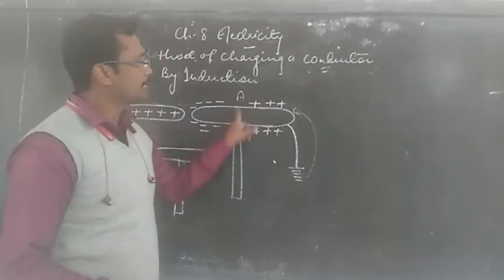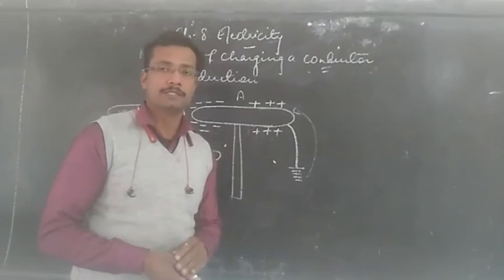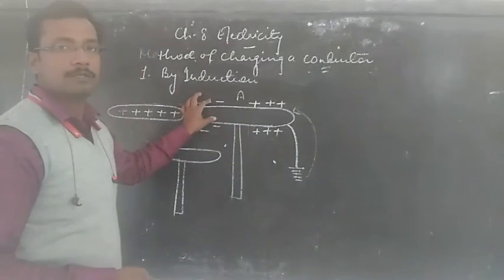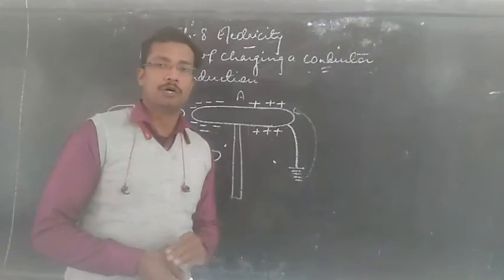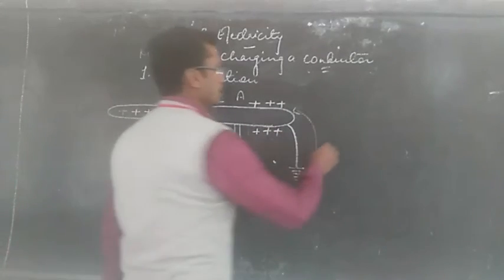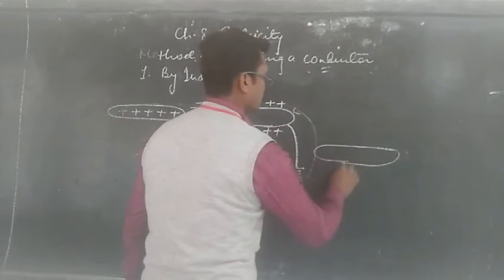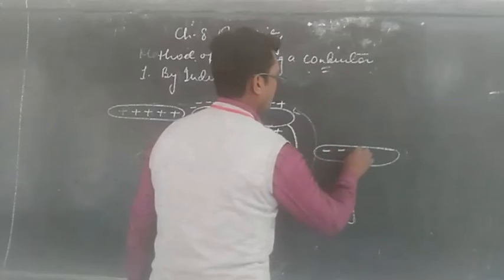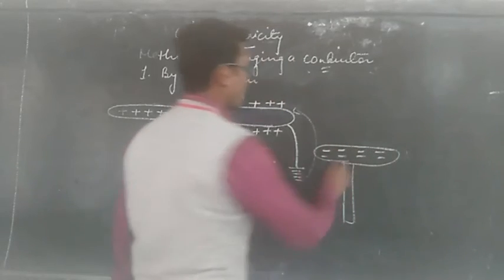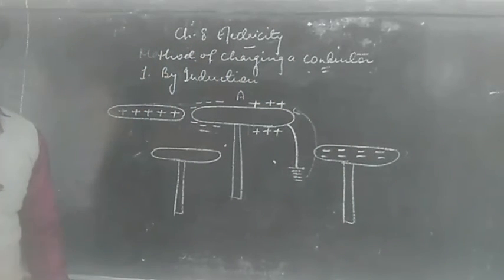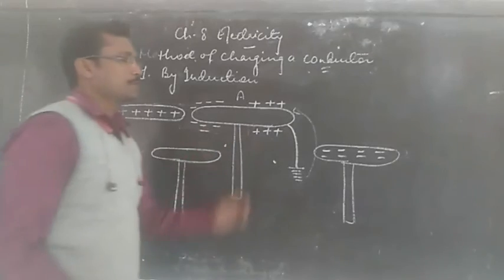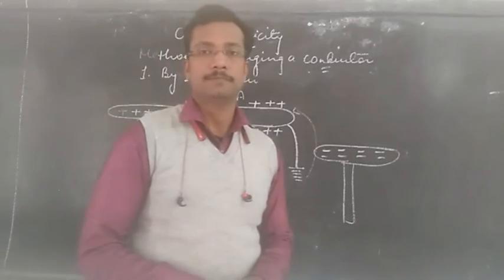So when this positive charge gets neutralized, the negative charge will get distributed throughout, and now the conductor will have only negative charge throughout. This process is called the induction method.